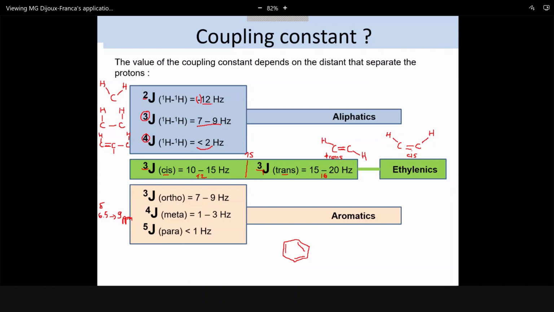Okay, let's say we look at this proton and the change of the shape of the multiplicity of this proton depending on the number of protons on the aromatic ring. If I have no other proton here, what will be the signal of this proton? Can you tell me?